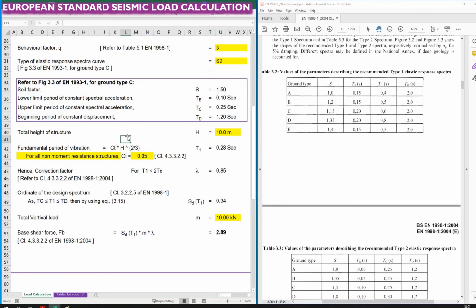So next one is the total height of structure. This is an assumed value. I have assumed 10 meters for our calculation purpose, and for the fundamental period of vibration we need to refer clause 4.3.3.2, page number 57.